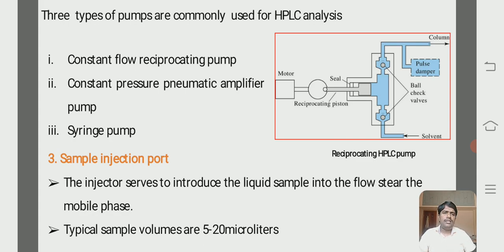Next component in HPLC instrumentation is the sample injection port. The injector serves to introduce the liquid sample into the flow of the mobile phase. Typical sample volumes are around 5 to 20 microliters.